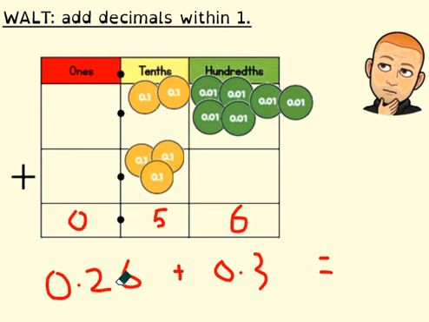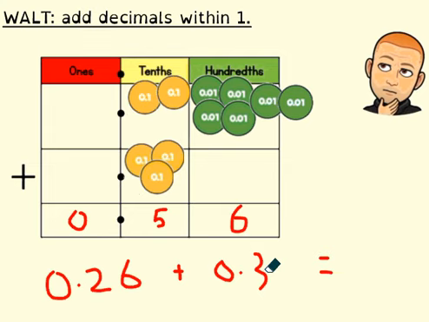The worst thing you could do here is do the 6 add the 3 or something like that, which would get you confused. But we've done quite a lot of place value work on tenths, hundredths, and thousandths, so I would imagine that we're okay with that, hopefully. But again, it's picturing in your head the place value grid and then adding on your hundredths and your tenths and your ones if you did have any in any other examples.